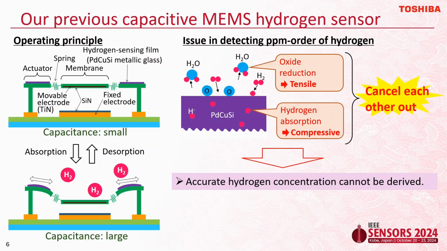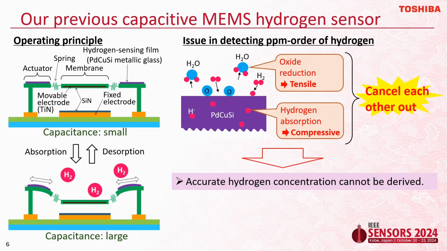There is an issue using this hydrogen sensor to detect ppm order of hydrogen. Approaching hydrogen is dissociated by catalyst and absorbed in the hydrogen sensing film. But at the same time, oxide on the surface of the sensing film is reduced by hydrogen and dissolved.